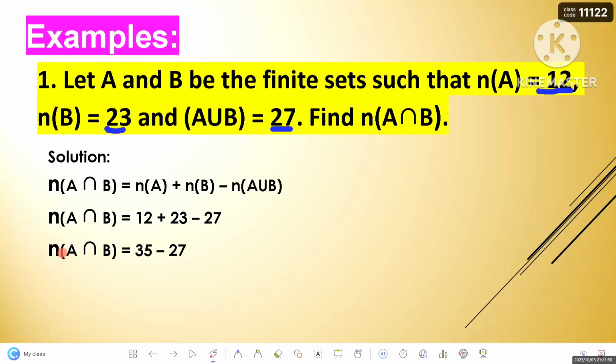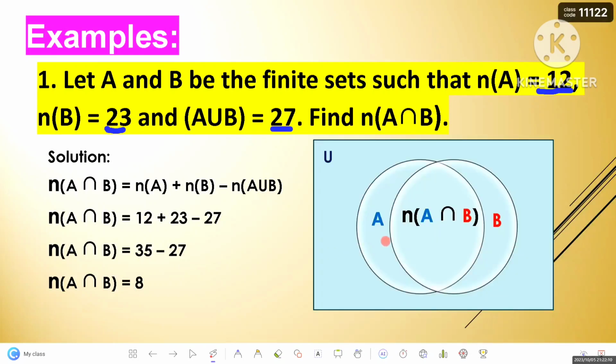So, the answer: cardinality A intersection B is equal to 12 plus 23 is 35, minus 27, the answer is 8. The cardinality A intersection B is 8.